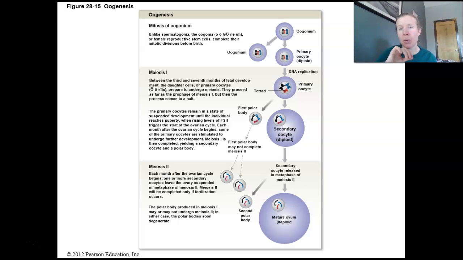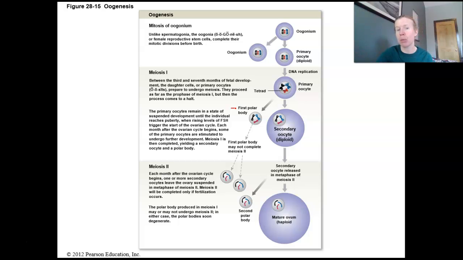The one big difference I wanted to point out here in meiosis is that when we do meiosis 1, we actually want to keep most of the cellular contents in one side. We're trying to create this large ovum that's filled with sugars and nutrients and proteins and hormones and all these things. And so what we do is when we split the genetic material, half of it goes with the oocyte and the other half kind of gets reabsorbed as what's called a polar body.